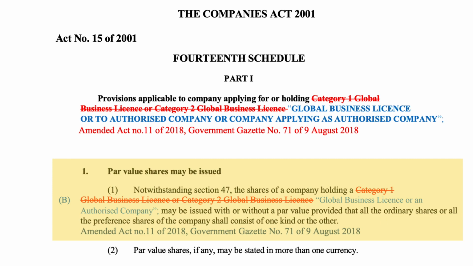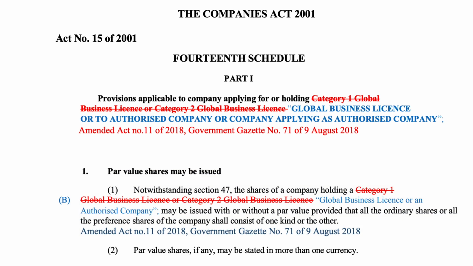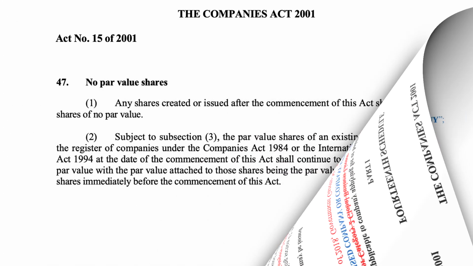This means that the company cannot issue a set of ordinary shares at par value and a similar set of ordinary shares of that type at no par value. Each type and class of shares must carry the same par or no par value. Number 2, if par value shares exist, they can be denominated in multiple currencies.